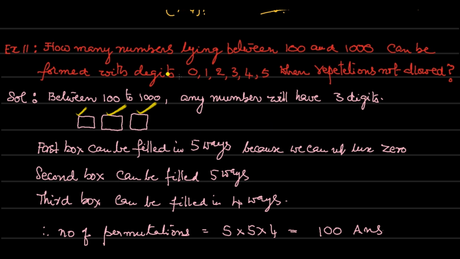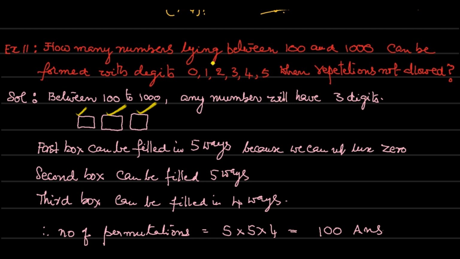There are actually 6 digits. The first box can be filled in 5 ways only because we cannot put 0 here. Second box, you can put any number, but this time one number will be missing, so that is 5 ways.